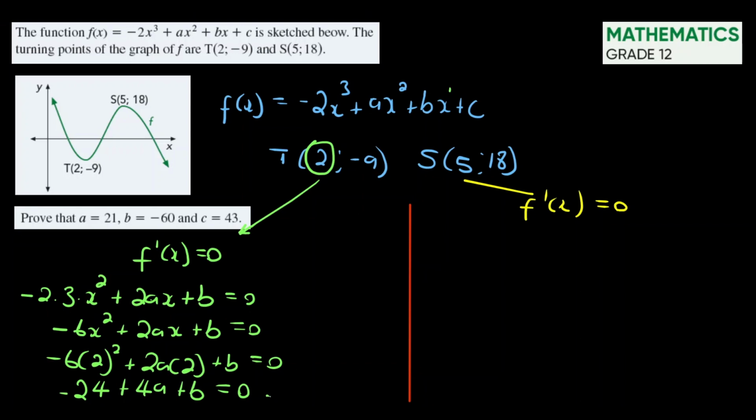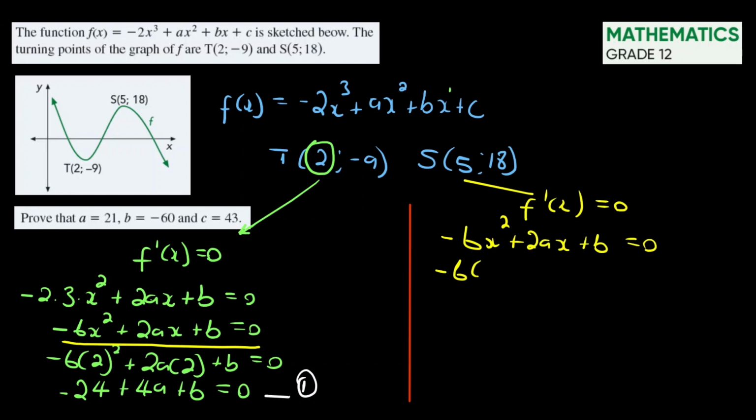And we're going to repeat the same step on the right hand side. We already know what the derivative of f of x is, but we can just take it from here. To be efficient and save time, we have negative 6x squared plus 2ax plus b equals 0. So we just substitute now 5.